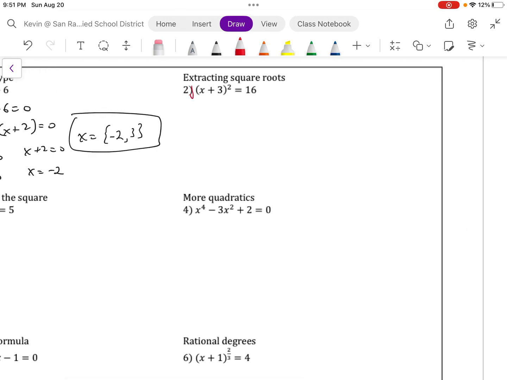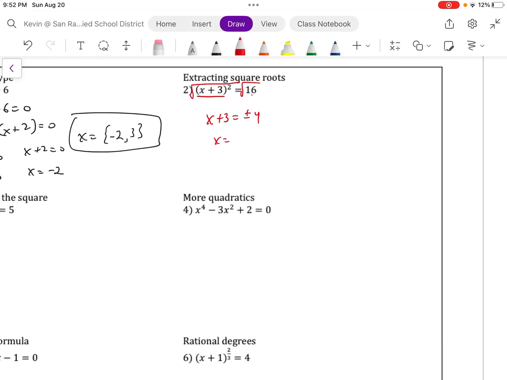Come over here. First thing we can do is we can take the square root of both sides. Again, since this whole term is underneath the square, we can do this. So it's going to be x plus 3 equals the square root of 16, plus or minus 4.